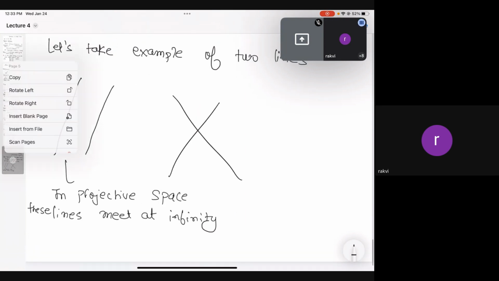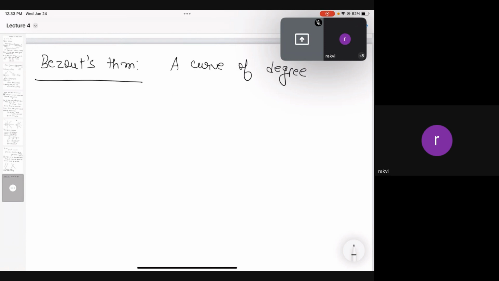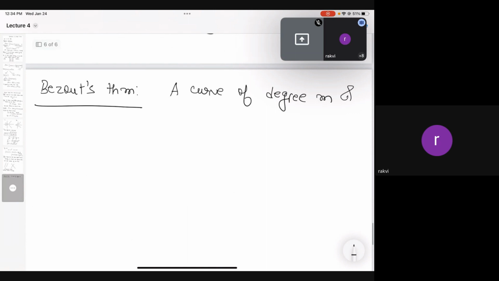Or the famous Bezout's theorem: a curve of degree m, and we just saw an example of a line, a line is really a curve of degree 1, right? A curve of degree m and a curve of degree n intersect at m times n points.